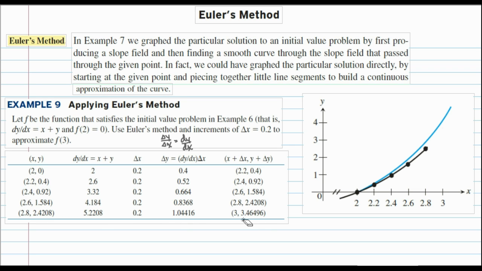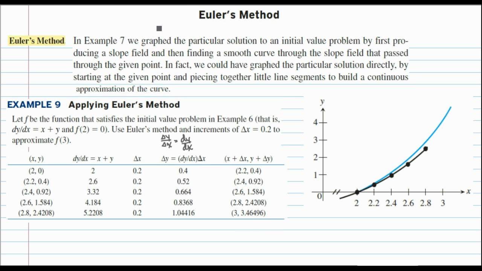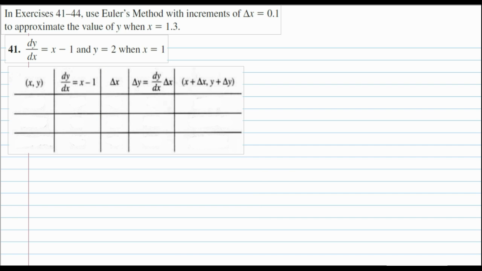Calculate delta y, and we get our estimate at the point 3, which is what the question asked for. So we can say that f of 3 is approximately 3.46496.